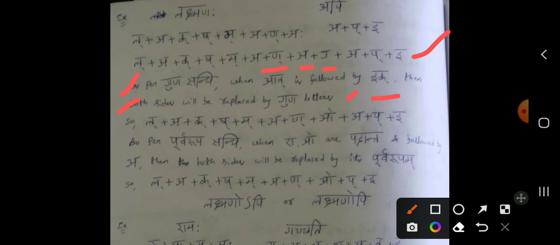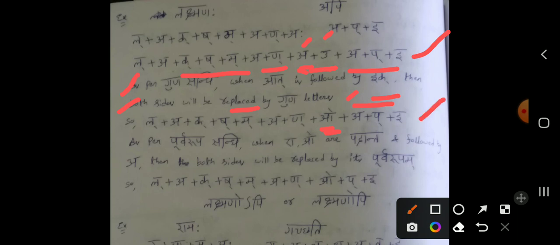So here in our example, Lakshmanaha plus Api, A is followed by U. So it satisfies the Gunasandhi rule, and we are applying that rule here. So A plus U becomes O, and all the other letters, left hand side and right hand side, remain as they are. Both these letters A and U will be replaced by the letter O. Now as per Gunasandhi we got this form.